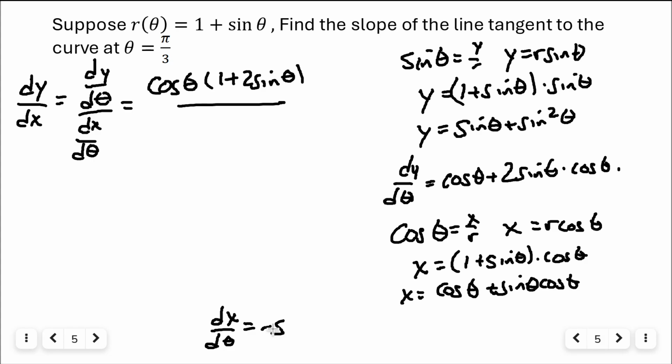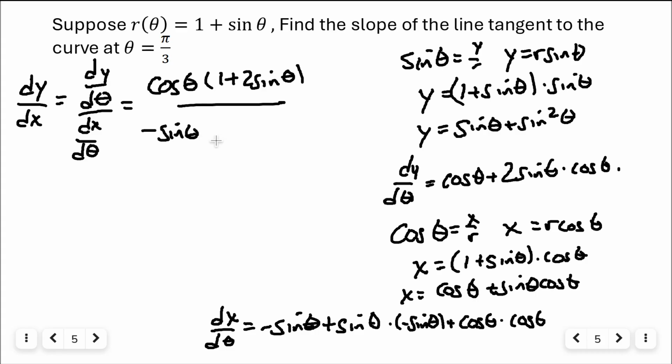Derivative of cosine is negative sine. And then derivative of sine times cosine leaves sine there. The derivative of cosine is negative sine. Plus leave cosine, and the derivative of sine is cosine. So I'll clean this up here. We have negative sine theta minus sine squared theta plus cosine squared theta.